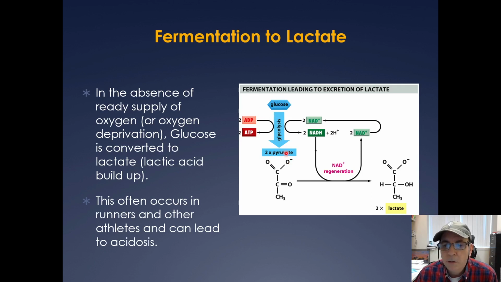Now, because there's no oxygen around, the reduced NADH has to be regenerated into the oxidized form so that it can continue this whole process. And in order to do that, the regeneration of NAD actually converts the pyruvate into lactate.